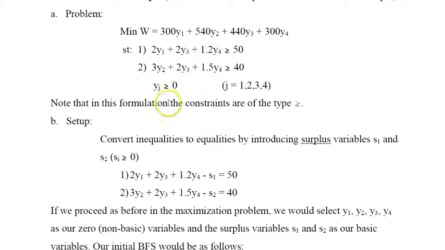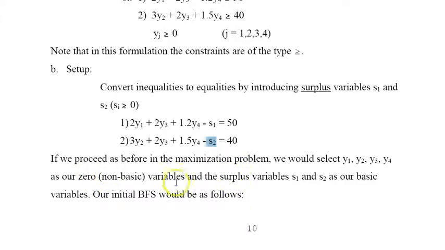So to set up this problem, instead of adding slack variables, I subtract surplus variables. I'm still looking at the difference between this side and this side, so I have to subtract the difference to make this an equality constraint, and that's the surplus. The same thing here, I subtract to get the surplus.